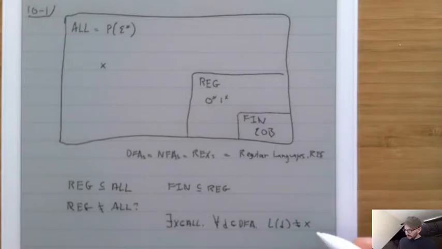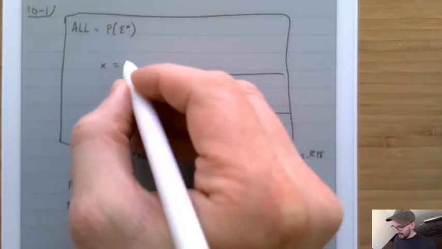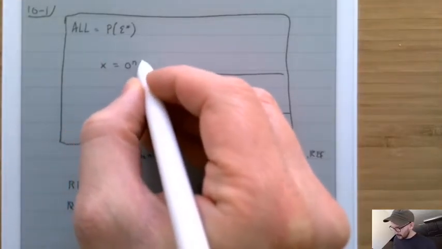Now, think for a moment about how you could possibly prove this. To prove an exists, what you need to do is give a concrete example, a witness, of the value that has this property. So I could tell you what it is, and I know what it is. We write it down as 0 to the n, 1 to the n.